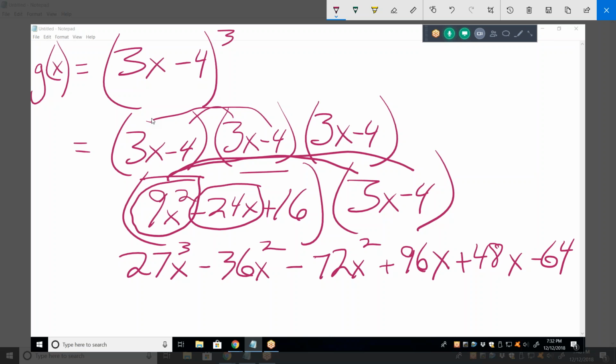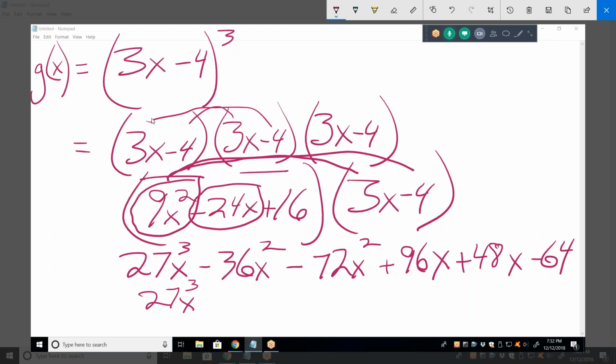So then that would be negative. Start with the biggest term first on the left. So it would just be 27x cubed. There's always only one each of the term on the left and the term on the right.